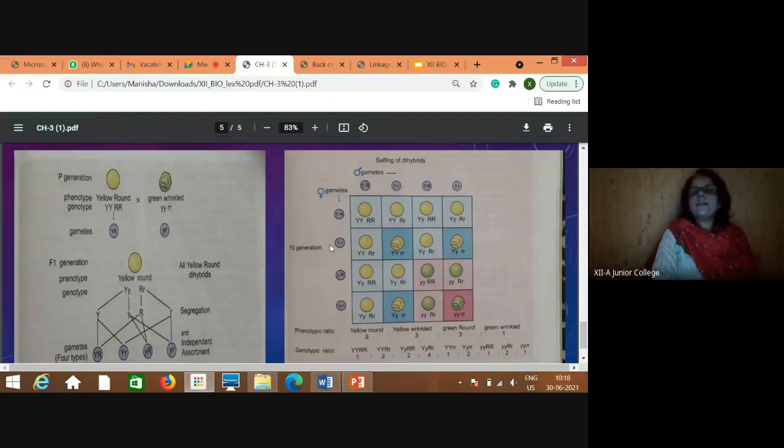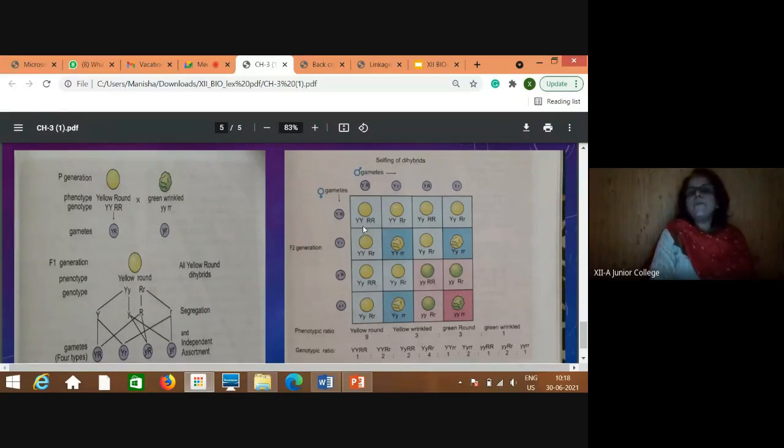In this way, the second female gamete with the first, second, third, fourth male gamete. When you cross each one, this is the resultant, shown with different colors purposely. Now we will discuss, with the help of these gametes, and count the number of those types of seeds.